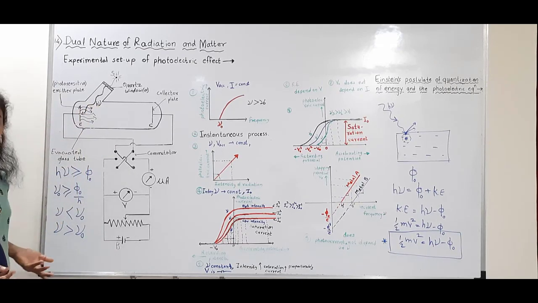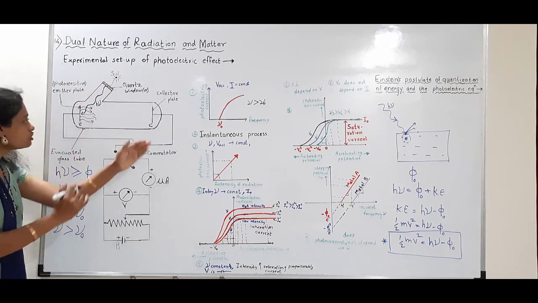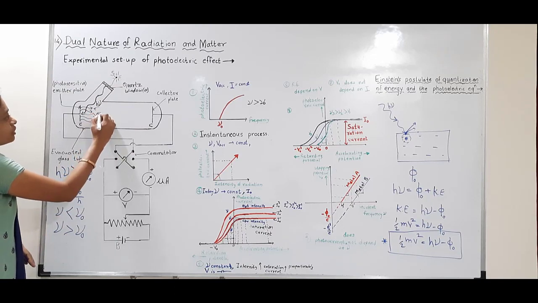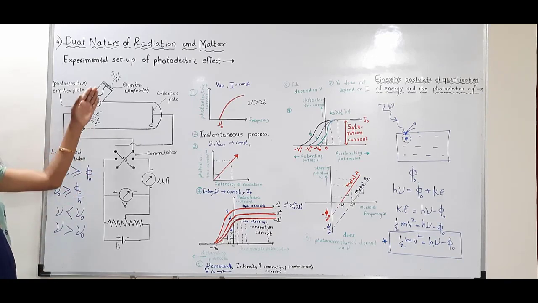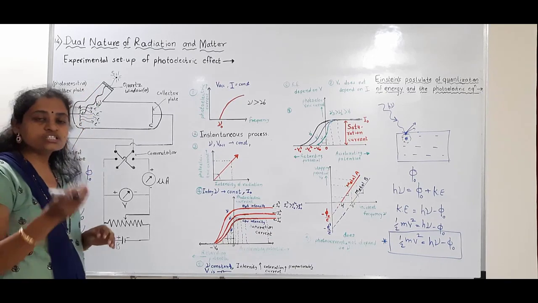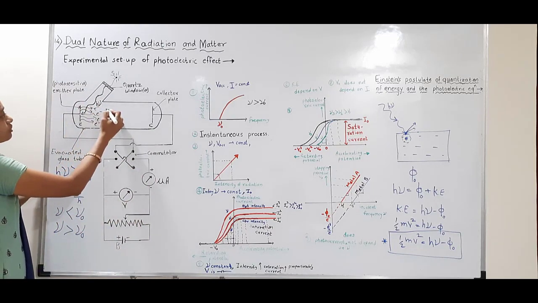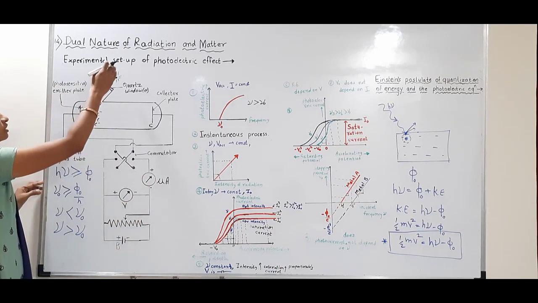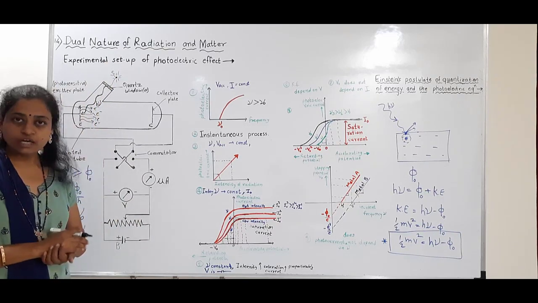Means there is no time lag between the incidence of the photon on the emitter plate and the emission of the electron. This is an instantaneous process, and this is one of the basic characteristics of the photoelectric effect. Even if the intensity of incident radiation is very low, electrons are emitted from the emitter when the photons fall on it.